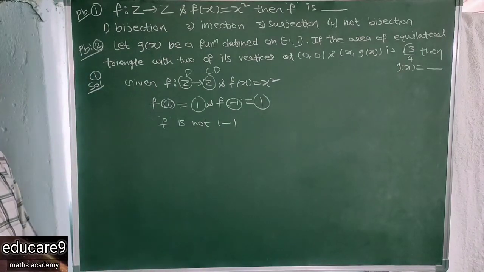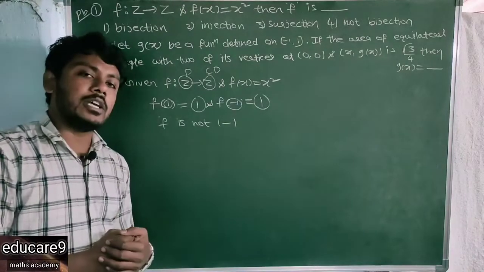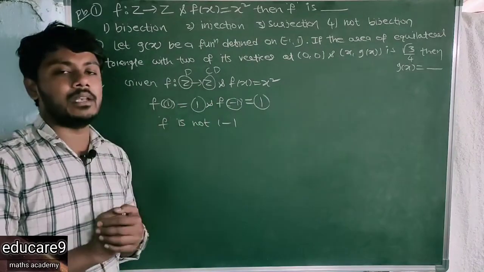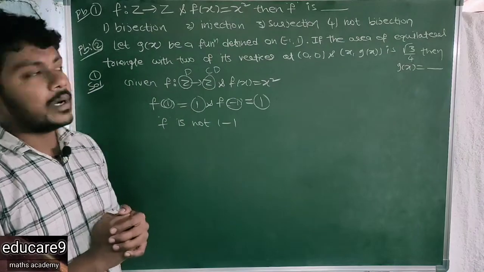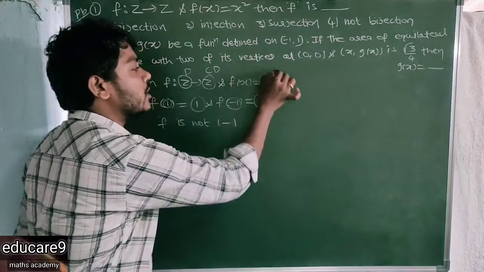Now onto functions. For onto function we have to observe the codomain. Here the codomain is integers. But here f of x is x square.